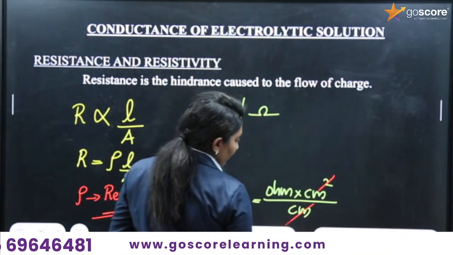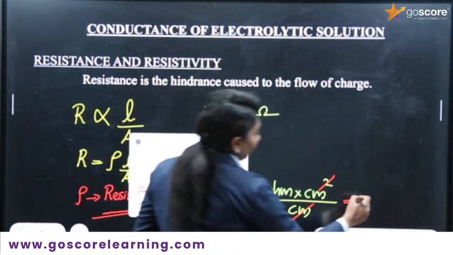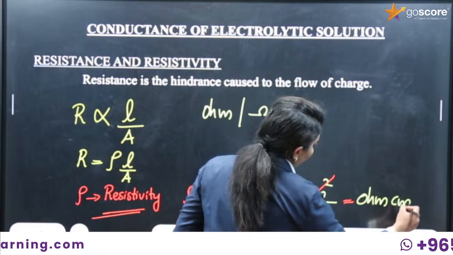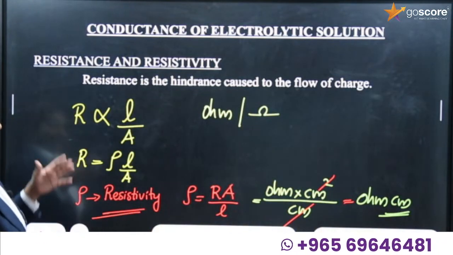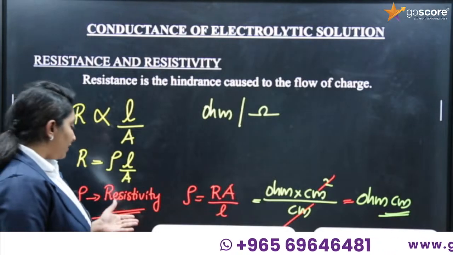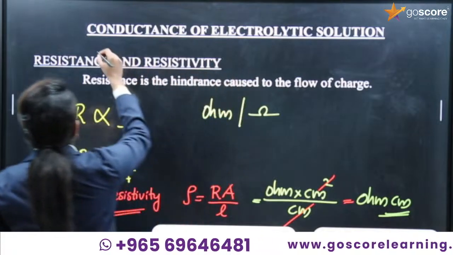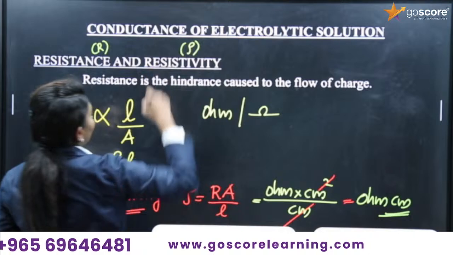So, the centimeter cancels. So, what will be your answer? The unit of resistivity will be ohm centimeter, right? That's about the resistance and the resistivity. We are representing the resistance with the letter R and the resistivity with rho.